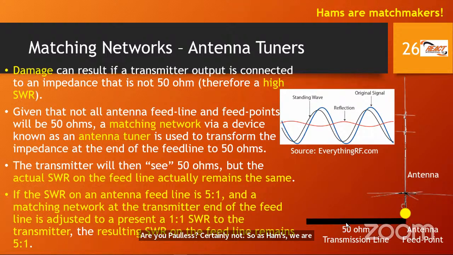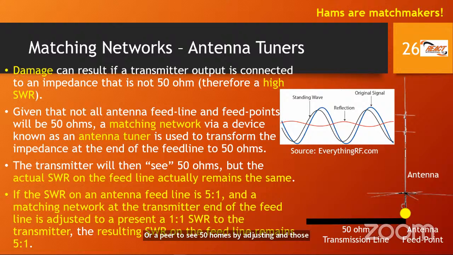We can put in a matching network, sometimes called an antenna tuner, right? That's a device that we can put in circuit that will allow the transmitter to see, or appear to see, 50 ohms by adjusting. Those antenna tuners tend to have coils and capacitors, right?